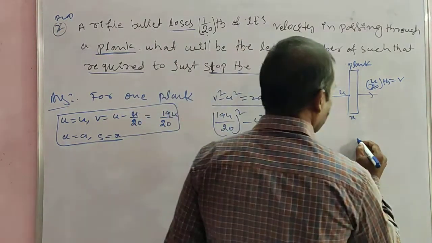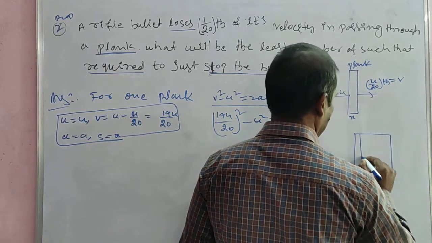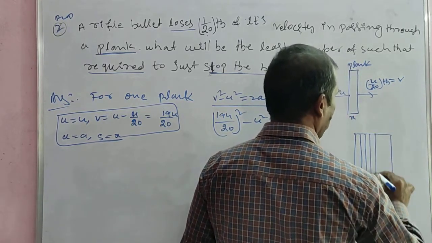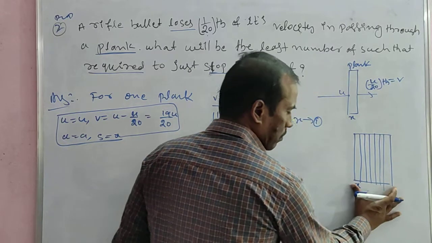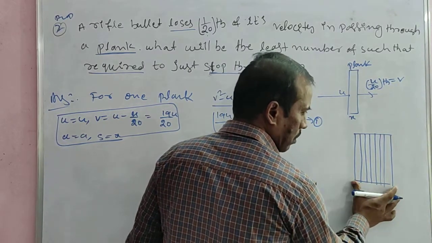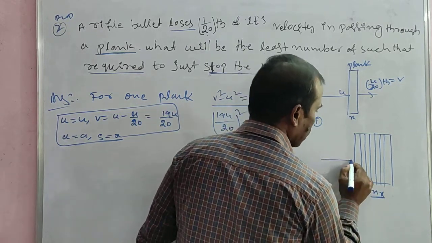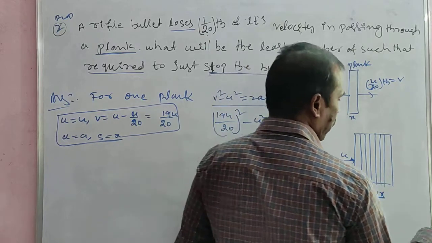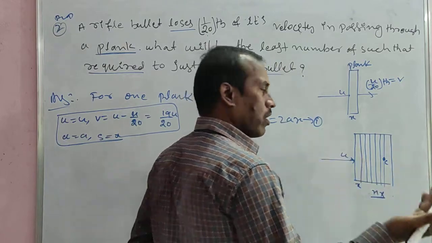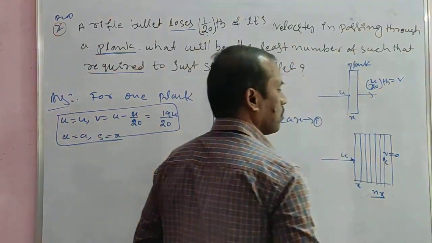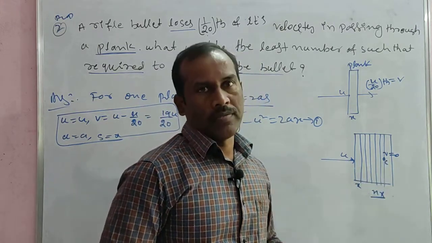For example, these are your planks. Let the number of planks be n, each of length x, so the total length is nx. The initial velocity is u, and at point c the bullet is stopped, so the final velocity is 0.